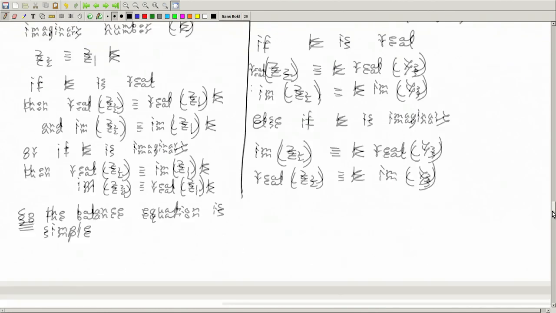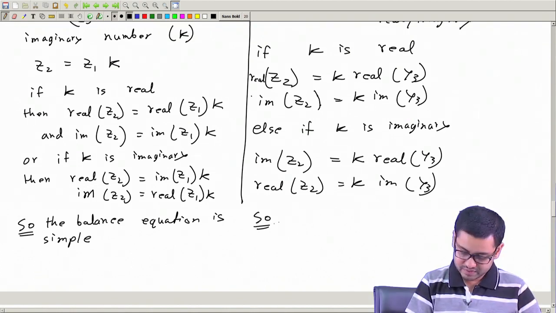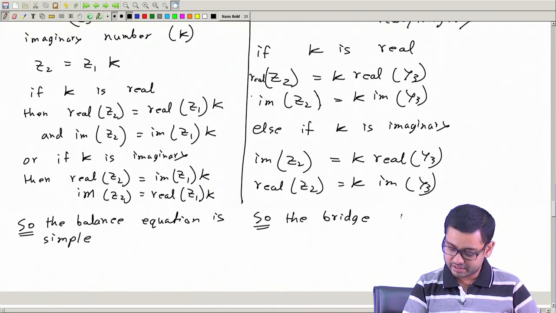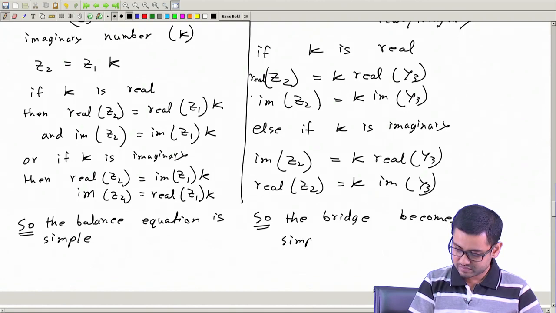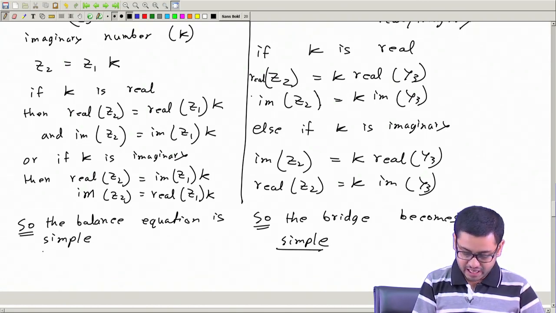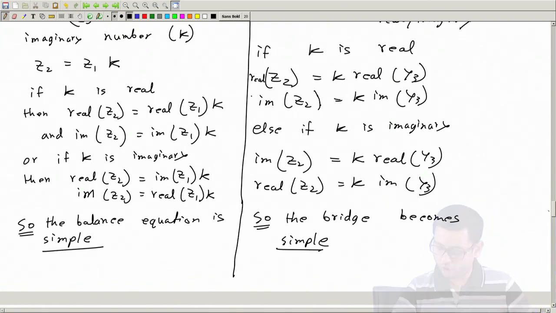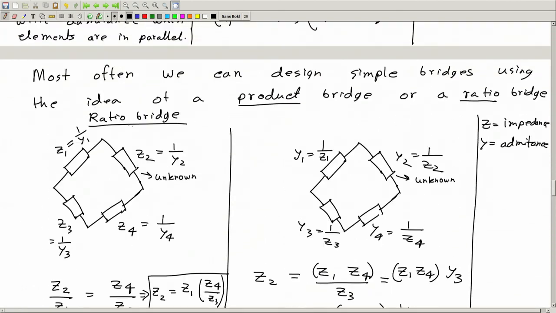Once again, the balance equation becomes simple. So these are the two forms of bridge. This we will call the ratio bridge, this we will call a product bridge. These are the two forms of the bridge that we can often use to design bridges.